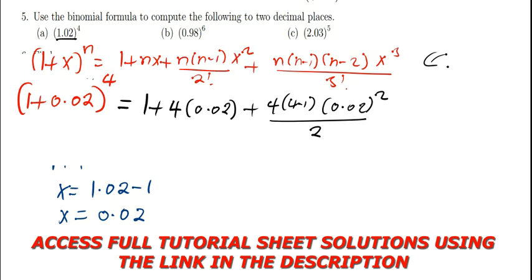Now the question is, we need to leave this in 2 decimal places, but I know that this is already in 2 decimal places. But again, if I multiply this, it's going to be more than 2 decimal places. So there is no need of me including this, unless the question was to leave your answer in maybe 5 decimal places, then I would have included this. There is no need of me wasting time, because I just want 2 decimal places.